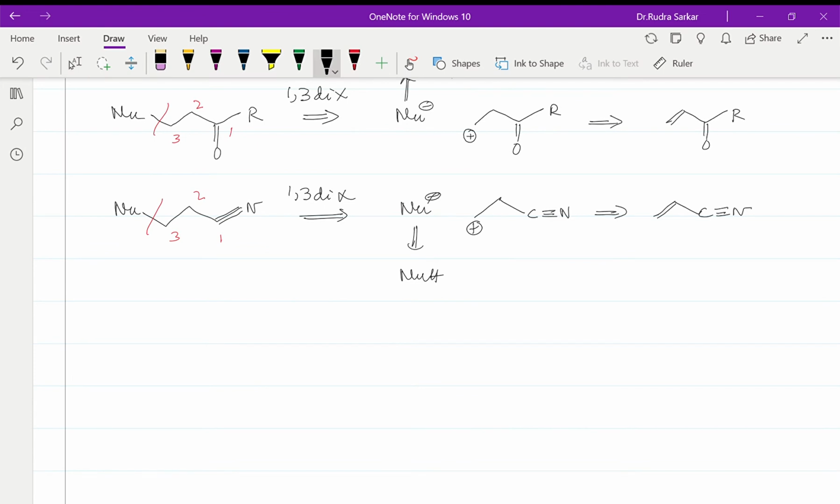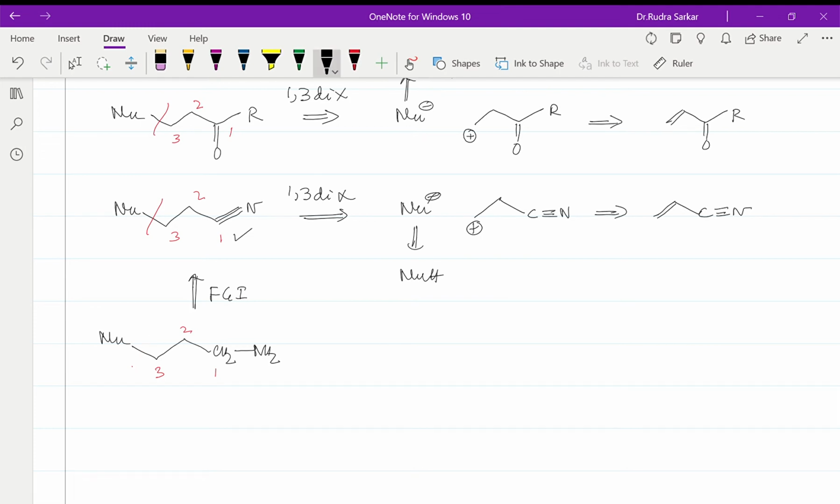Interestingly, we know and we have learned before that CH2NH2 can be converted by functional group interchange to a cyano group. So molecules of this type, where we also have the Nu at a 3 position, we can think of a disconnection at the 3 position via converting this molecule into a cyano unit and then think disconnection over here.